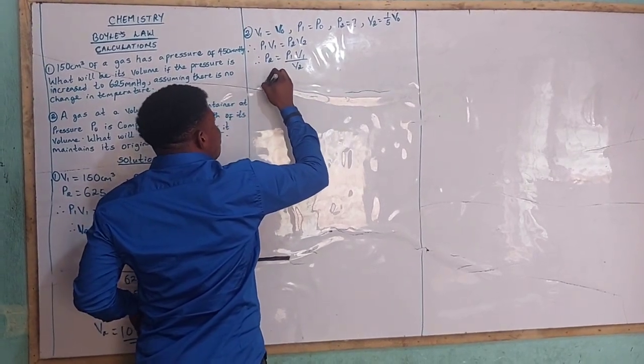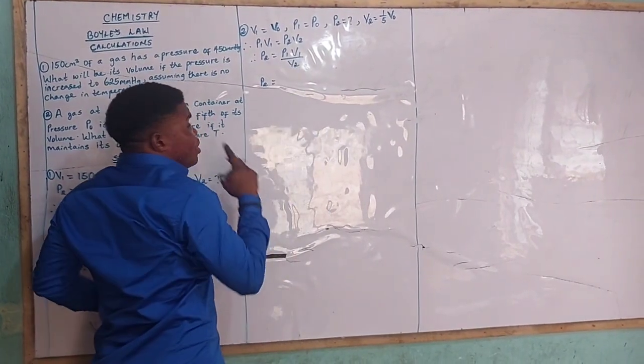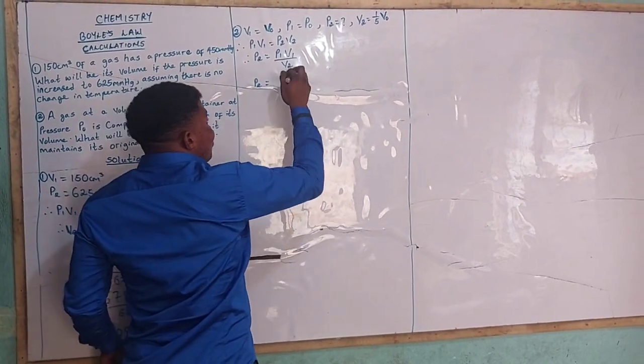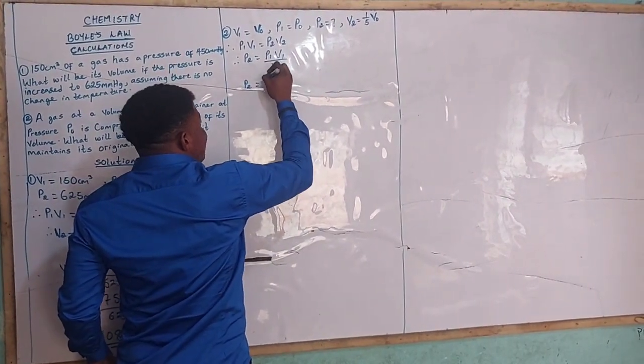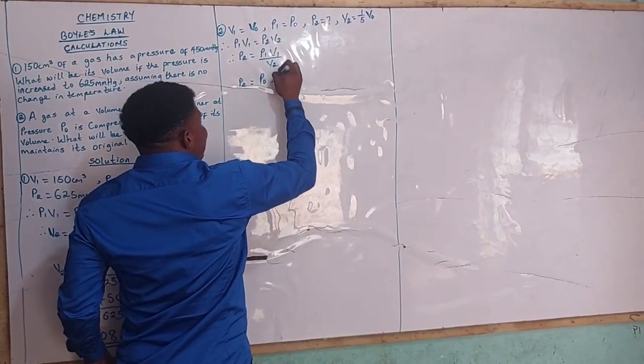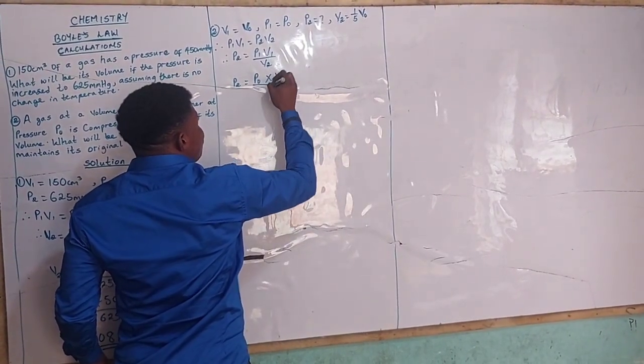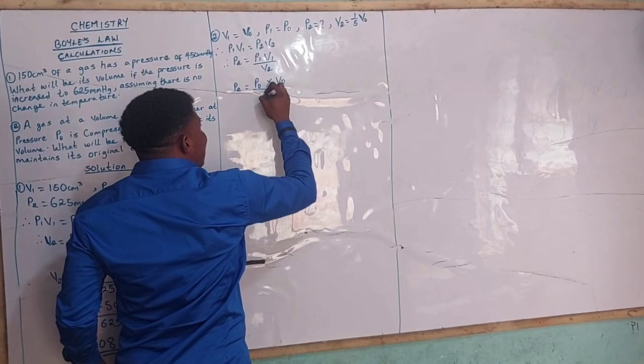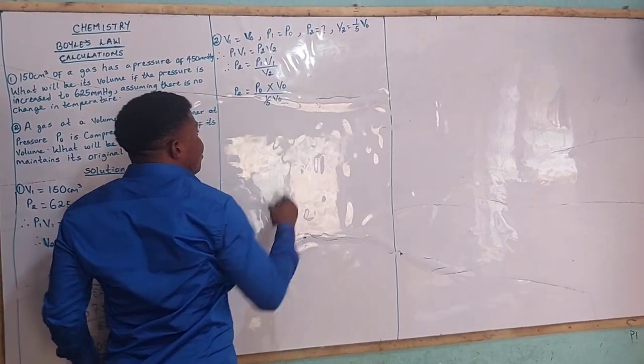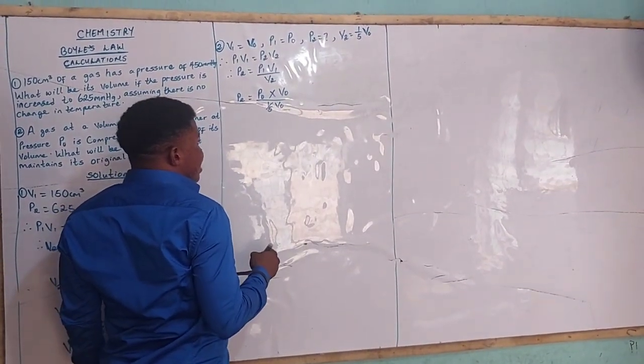Definitely we are going to have P2. Now substituting the parameters here, P2 equals our P1, which is P0, multiplied by our V1, which is V0, over V2, which is 1/5 V0. Are we together now?